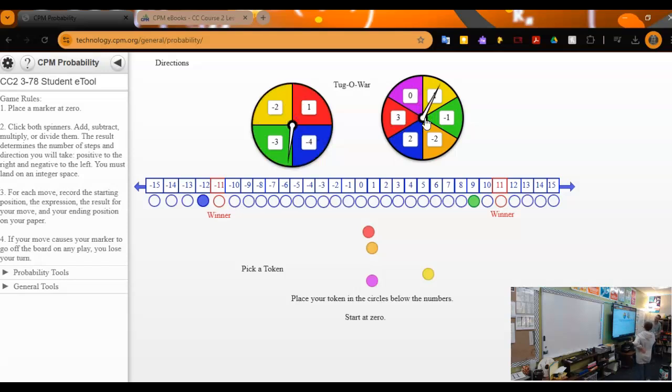-3 and 1. Forget it. I want to do something fun. 1 minus -3. What's 1 minus -3? Start with 1. Minus -3 is 4. So 1, 2, 3, 4. Sure. Go.